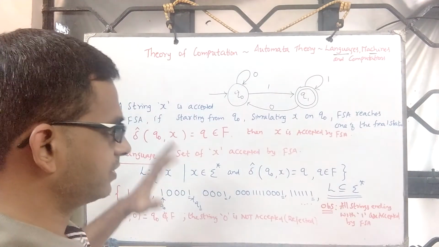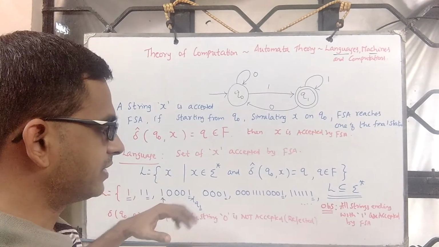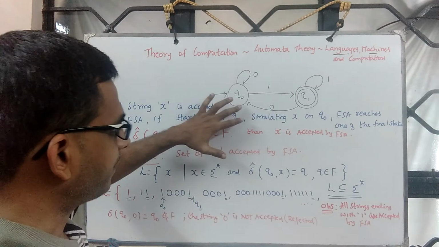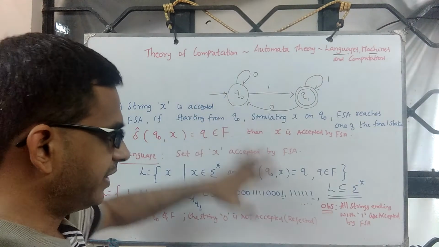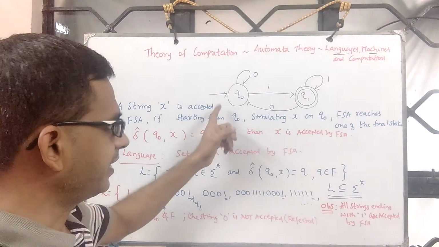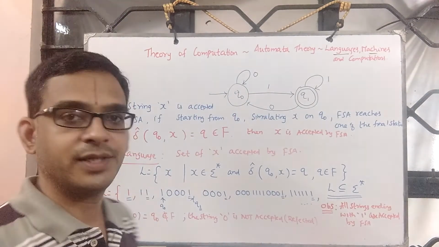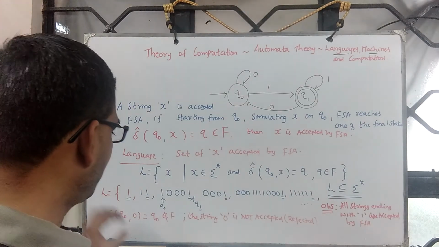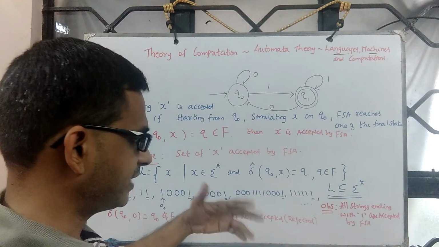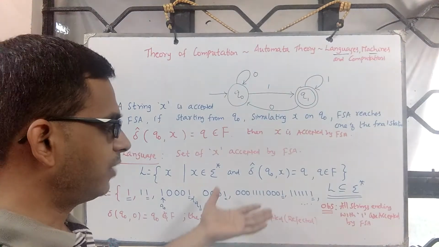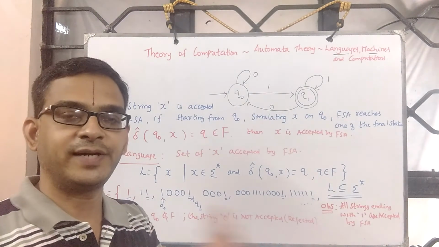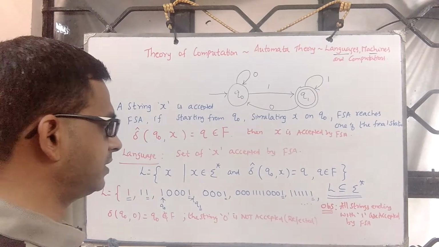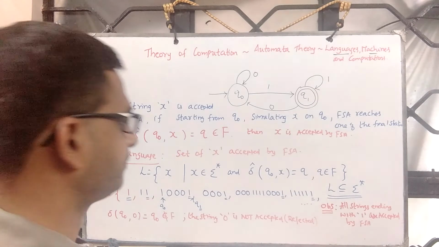Now like this, we will start constructing some more machines. How do we formally prove that if you supply any other string it will be rejected, and if it is a string ending with 1, it will be accepted by this machine? All that we will discuss formally, but through intuition and examples you get to observe this pattern, and slowly convert that intuition into a claim and formally prove that this is the language accepted by this machine.